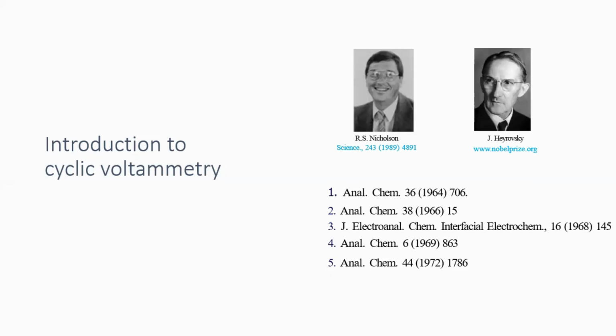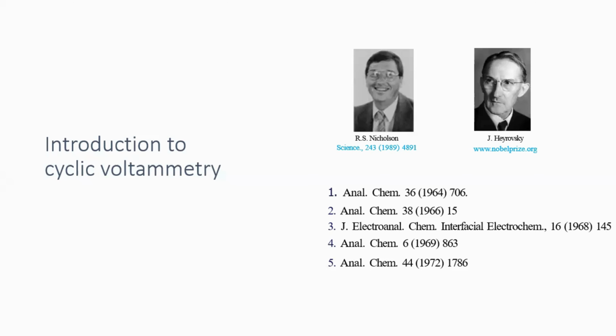In the 1940s and 1950s, there was a rapid development in the spectroscopic methods. Due to it, research scientists were not using the polarographic method that much. So slowly again, electrochemical methods came to limelight because of the contribution of Professor R.S. Nicholson.